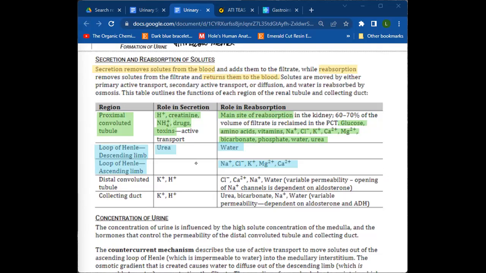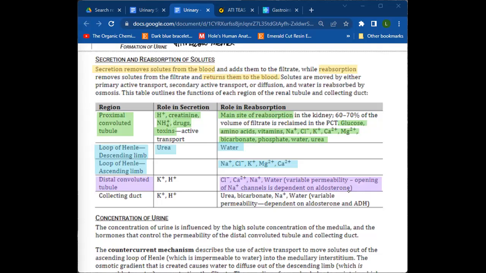The sodium, chlorine, all those ions, it's putting them back into the bloodstream. Okay, now for the distal convoluted tubule, that's going to be putting lots of ions back into the blood: the chlorine, calcium, and water.